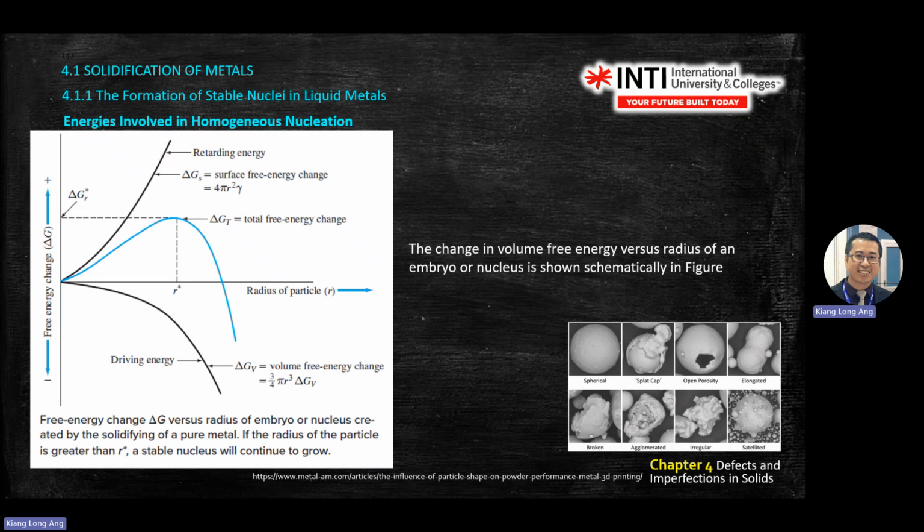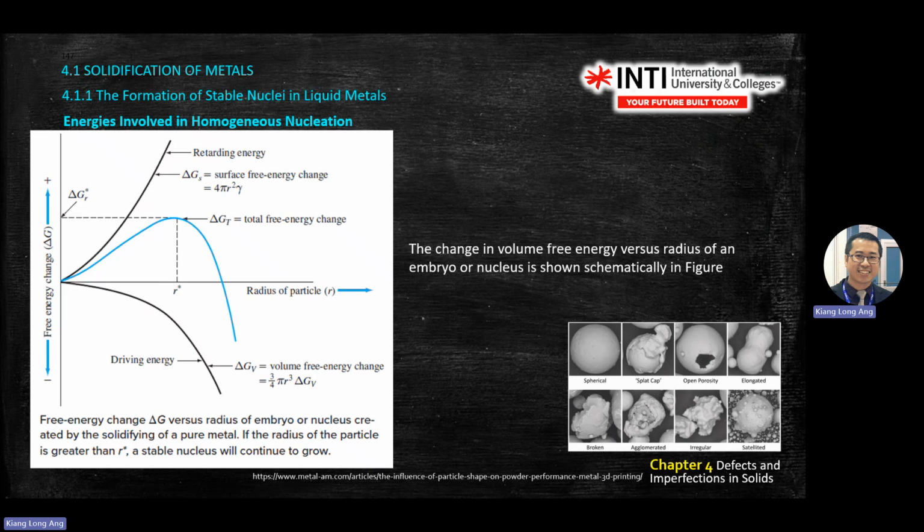Okay, so there's a typo error on these slides. So you follow my previous slides. Then another one is the retarding energy. They give you 4 pi r squared and the gamma. Anyway, this is just the graph presentation, right?